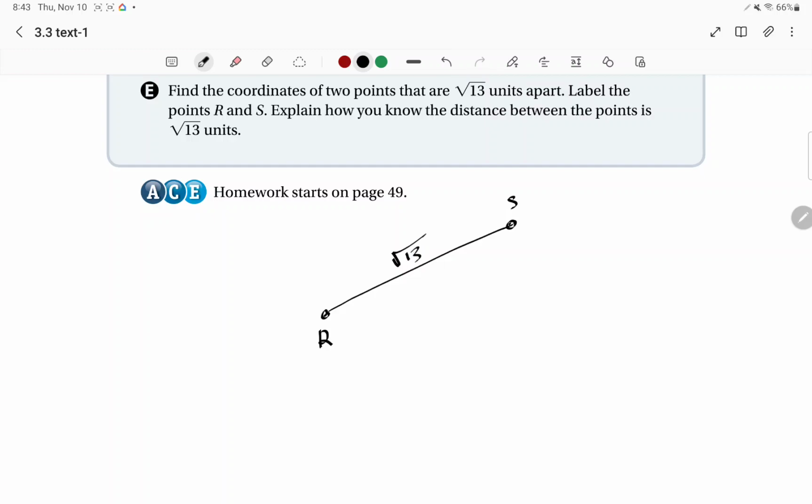So go ahead and figure out what the legs will have to be, because figuring out what the legs would have to be will tell you what these coordinates are. You are looking for what these coordinates are on a coordinate plane. All right, and having those legs will help you. So pause the video, try this, and then come back.